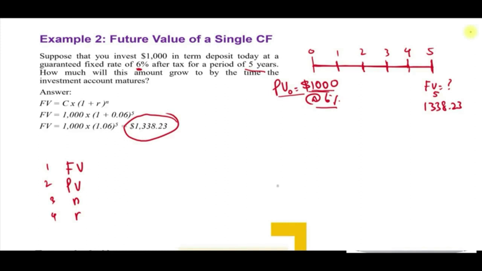We have already solved compounding. Now we are going to solve for n and solve for r. For instance, in a question where you are not given n and you want to find n, or you are not given r and you want to find r. In the next class we are going to solve these parts for a single cash flow.